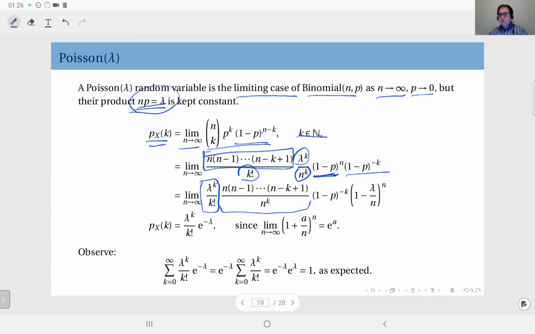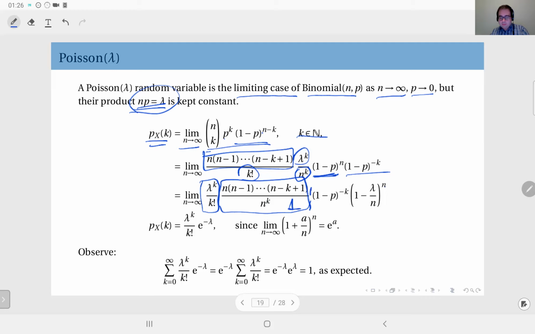The coefficient of n to the power k is 1. And in the denominator, I have n to the power k, another polynomial in n with degree k, and the leading coefficient is also 1. So the ratio of these two polynomials will converge to 1 when n goes to infinity. So this thing at the limit will go to 1.